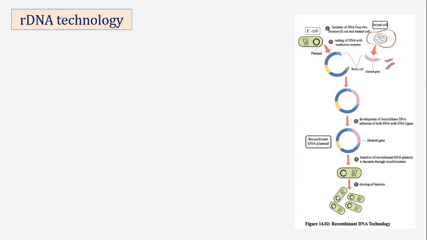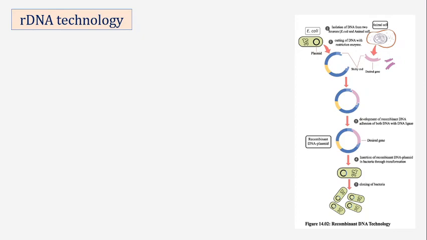So scientists developed, most probably in 1988, a company called Eli Lilly first produced and commercially made available recombinant DNA insulin, and they made it inside E. coli bacteria.